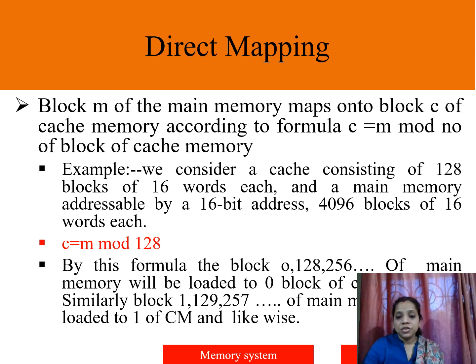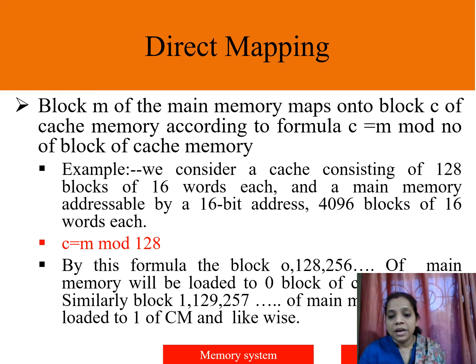The example is a cache memory consisting of 128 blocks. It's a very small cache memory, and each block contains 16 words. I have taken the main memory, which is addressable by a 16-bit address. Here the total blocks of main memory is 4096 blocks.